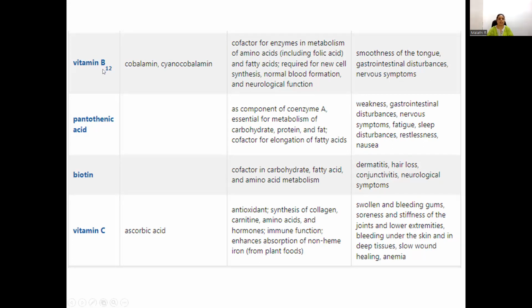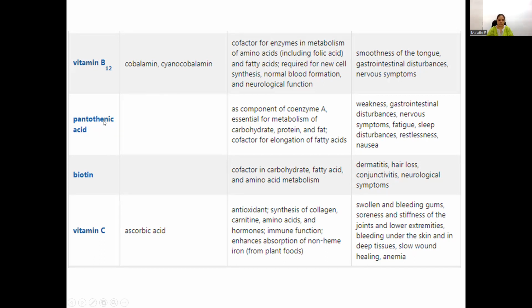Also meat, liver, and eggs have a good amount of vitamin B12. When compared to vegetarian sources, non-vegetarian sources have quite a rich amount of vitamin B12.